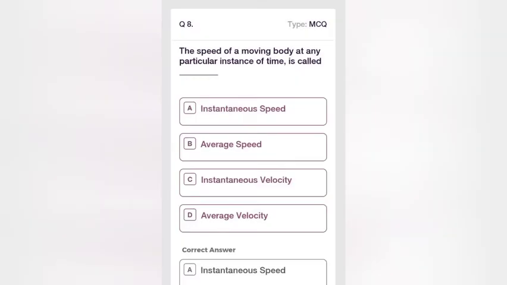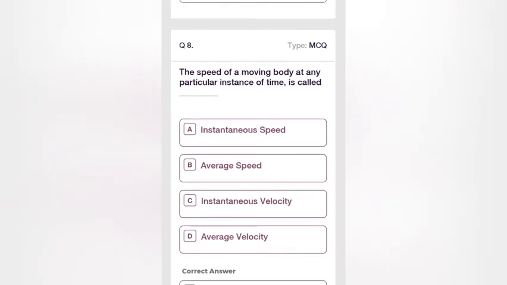Next question, the speed of a moving body at any particular instant of time is called. That is the speed of a moving body at a particular instant of time. Say for example, this is the time and this is the speed.